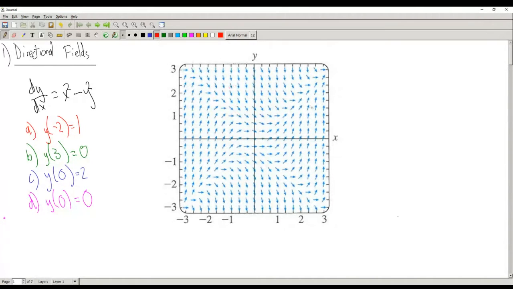Each of these arrows is representative of the gradient at that point. You've been given dy by dx equals x squared minus y squared, and you don't know what the actual equation is, but it is possible to work out what the derivative is at each and every point.